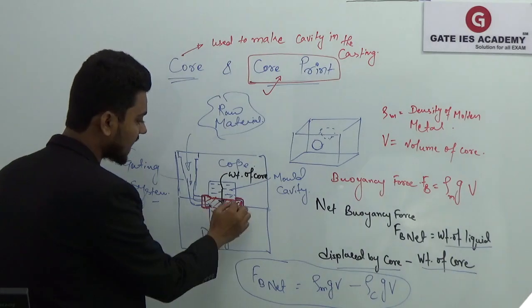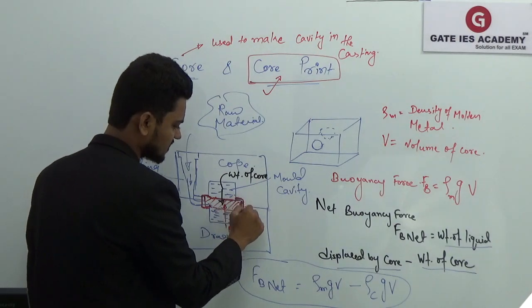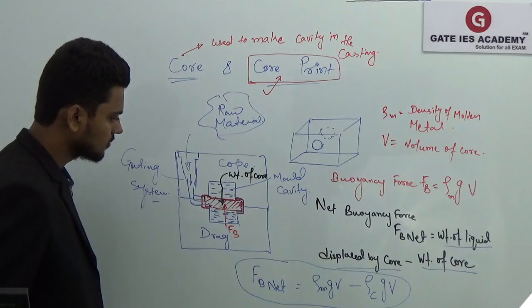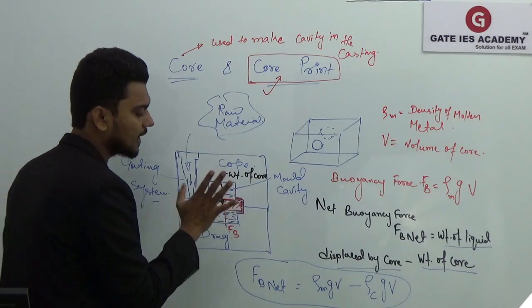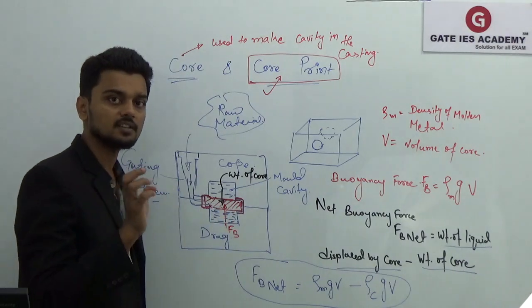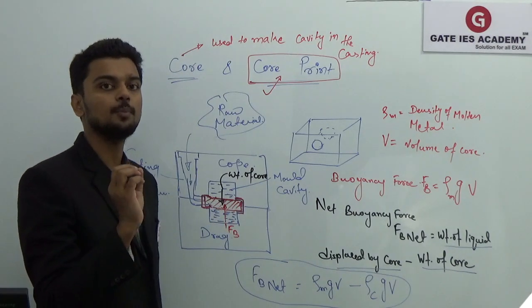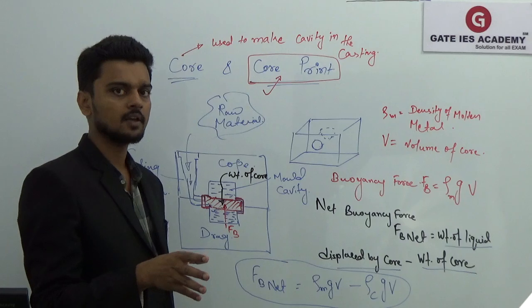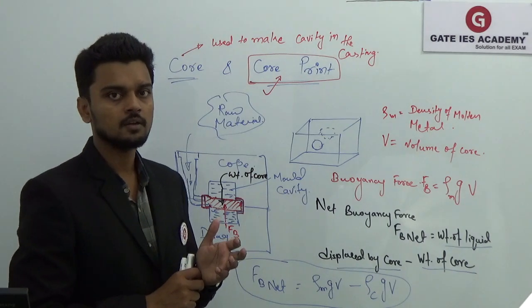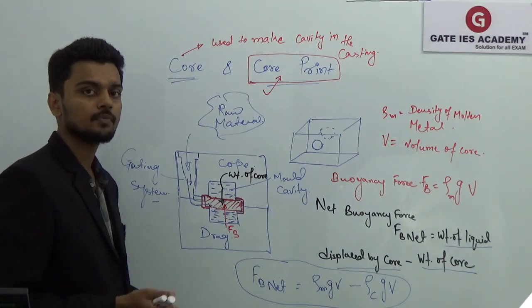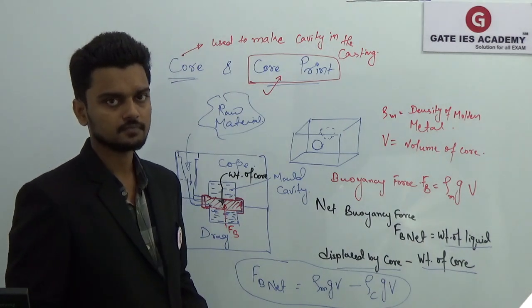Now how will you make that cavity or recess in the mold? By giving that on the pattern. So we discussed, pattern is the replica of the shape to be cast. Its shape will be same as that of your casting, but its dimension may be different.